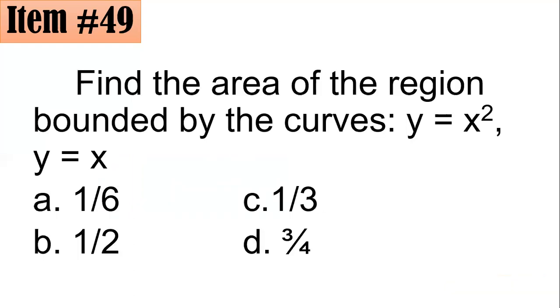49. Find the area of the region bounded by the curves y equals x squared and y equals x. Did you go for 1/6, 1/2, 1/3, or 3/4? So finding the area of the intersection of two curves involves integral calculus.